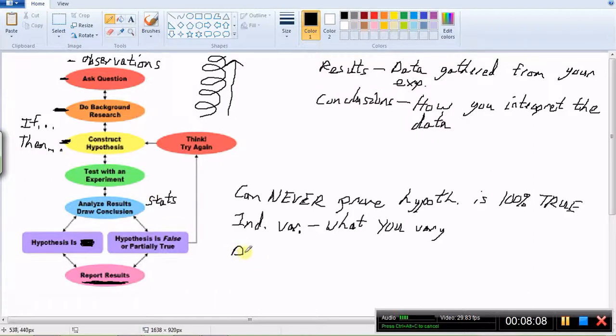So in our example, dependent variable: we said if we feed the mealworms different food, like potatoes or apples, then the mealworms who eat the potatoes will gain the most mass. So we'd say mass would be our dependent variable, the mass of the mealworms.